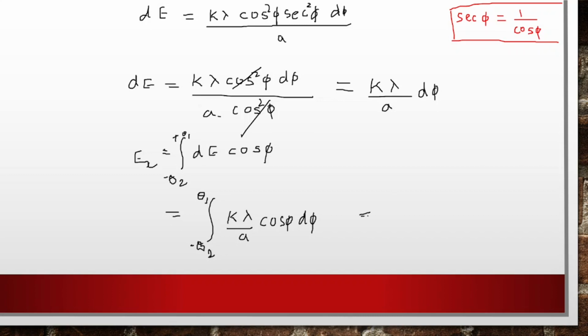So we get k lambda by a integral from minus theta 2 to theta 1 of cos phi d phi. Now, what is the integral of cos phi? The integral of cos phi is sin phi, you should know this by heart.